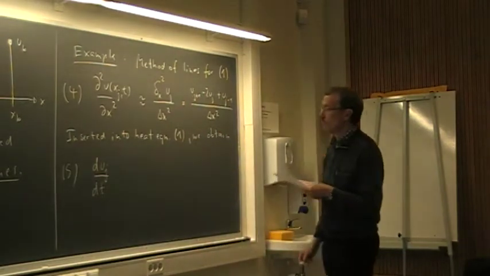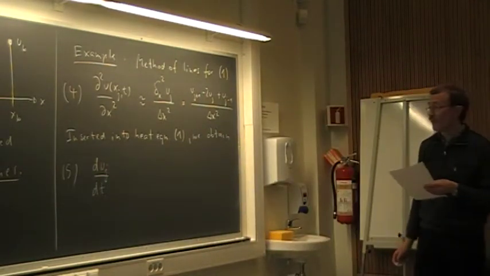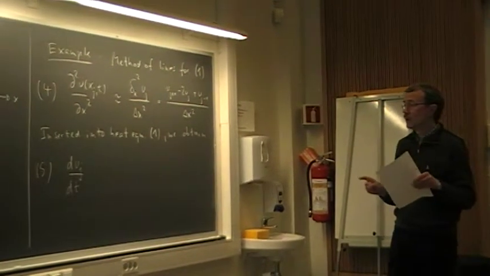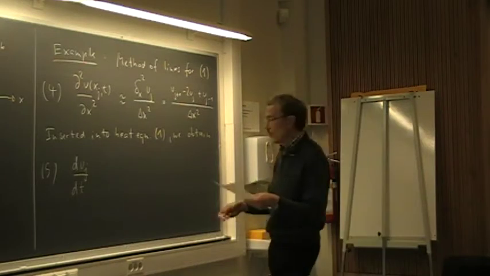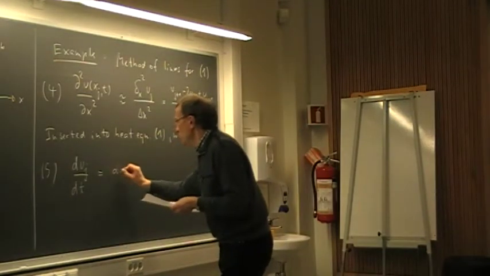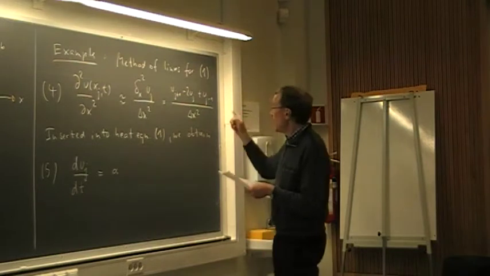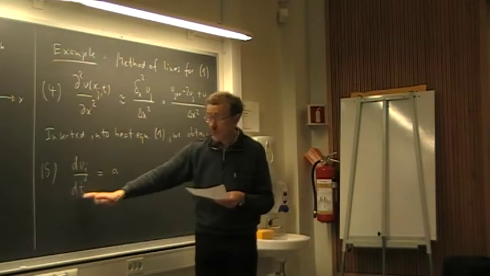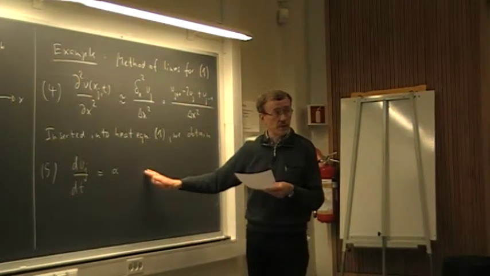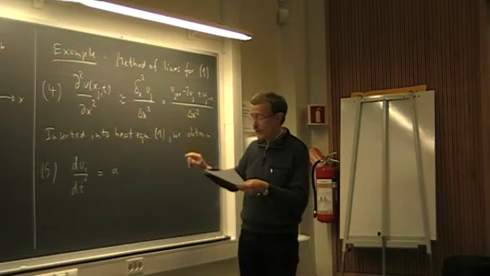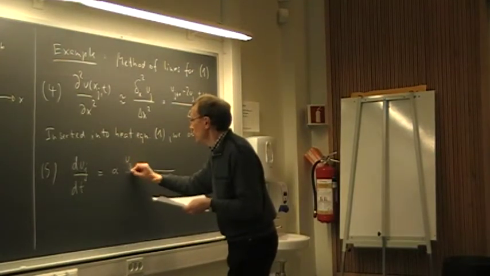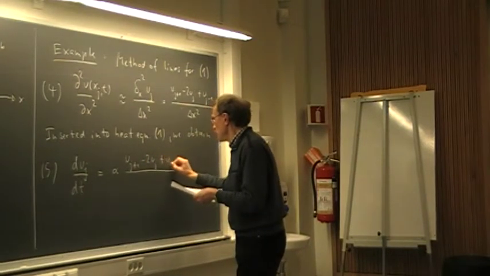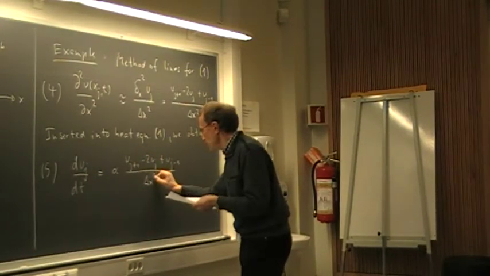So that is what we get at the grid point j. Of course, we leave the time still continuous. And that is then equal to alpha, and there we use now the approximation. So here the time derivative is not approximated, but the space derivative is approximated. Then we use uj plus 1 minus 2uj plus uj minus 1 divided by delta x squared.